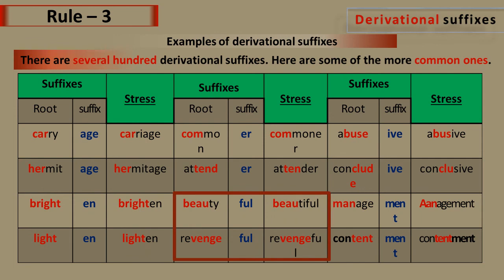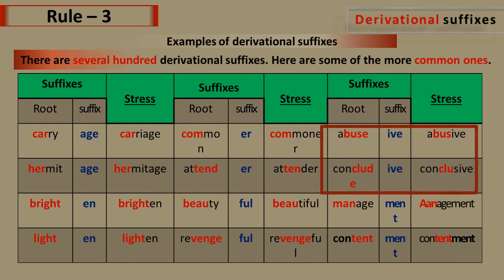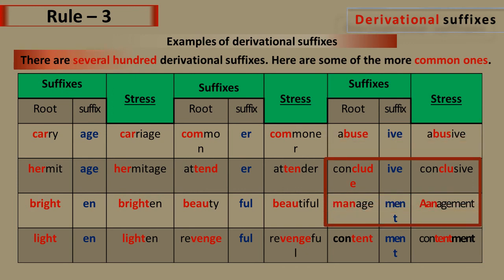Coming to "beauty," beauty is a noun, "ful" is a suffix, and "beautiful" is an adjective. In the same manner, try to understand the other suffixes also, such as "ive," and the last one is "ment." Okay, so have you understood the difference between inflectional suffixes and derivational suffixes?